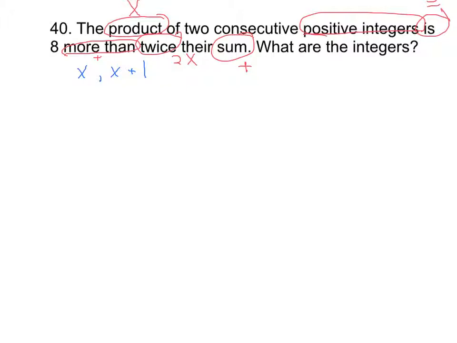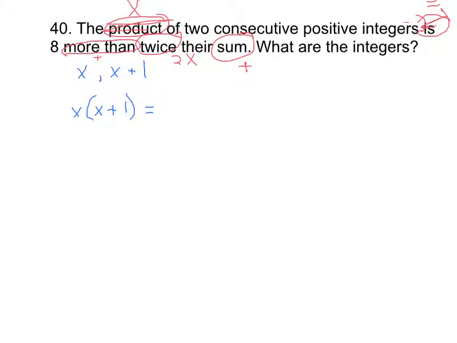So let's write down what we see. The product of two consecutive integers, so we're going to multiply these integers together, which we don't know what they are yet, is equal to, so we've already taken care of this one, and well, we haven't taken care of the positive integers yet, but we've taken care of the is.